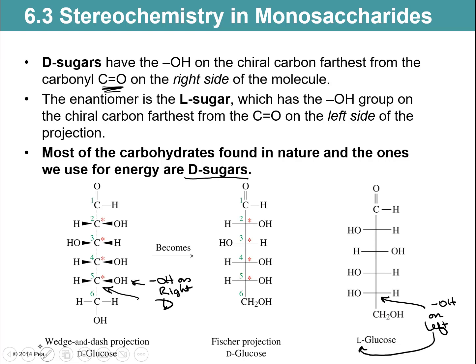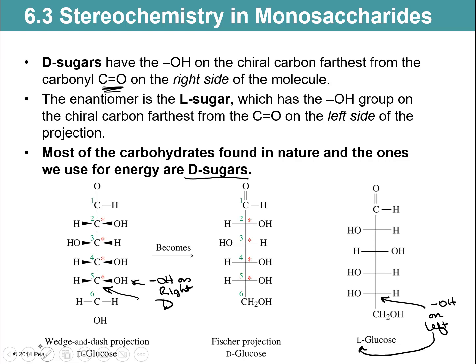They make it look like this nice straight chain, but you really have to literally pick them up and flip them around and point the two groups to the right place in order to figure out where they actually belong. That's how I have to do it: okay, right, left, right, right. So I can see alcohol on the right, carbon 2, alcohol on the right, carbon 3, alcohol on the left, 4 and 5 alcohols on the right. Like I said, this is D-glucose.